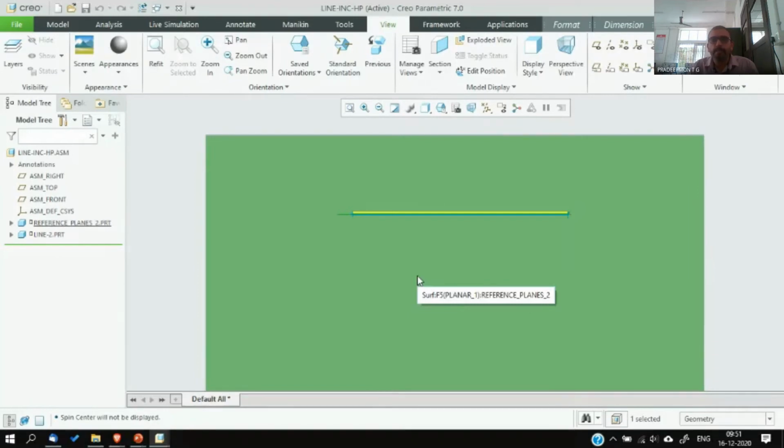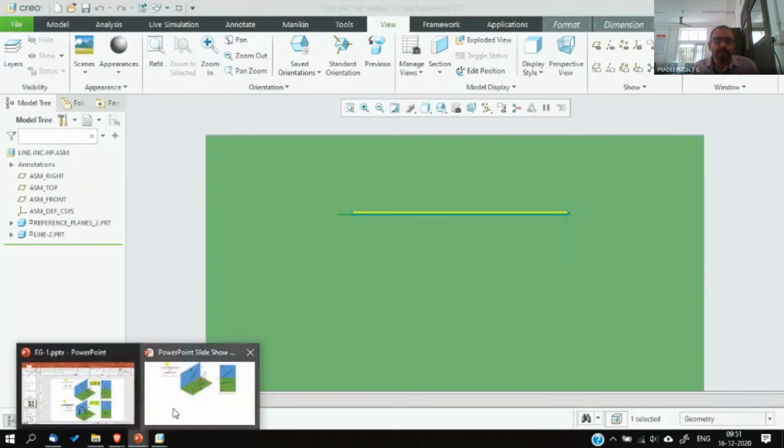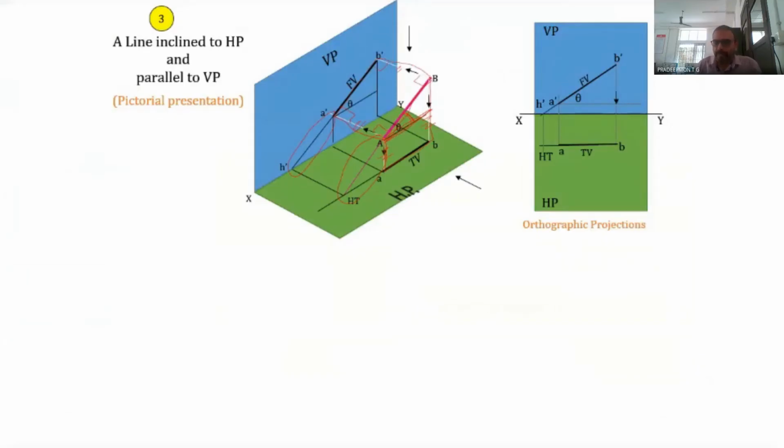So here it is the true inclination with the HP, and it is always denoted by theta. To remember it, this is the symbol: we draw a circle and draw a horizontal line. This horizontal line represents the HP. So the true inclination with the HP is theta.